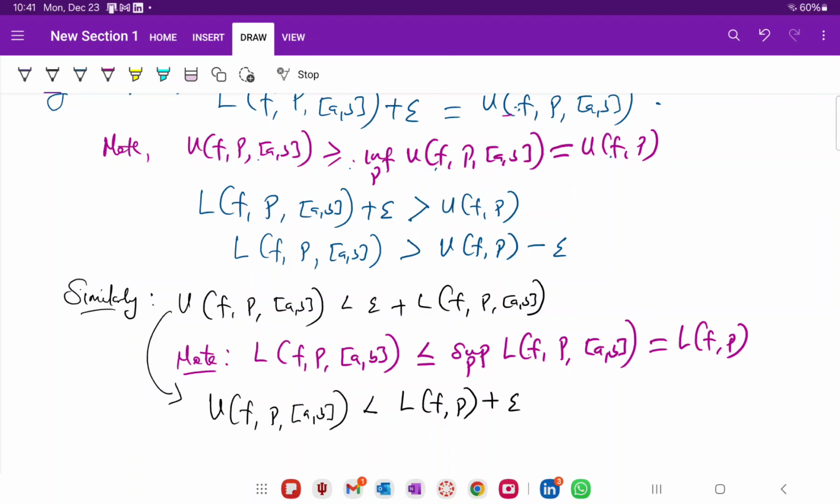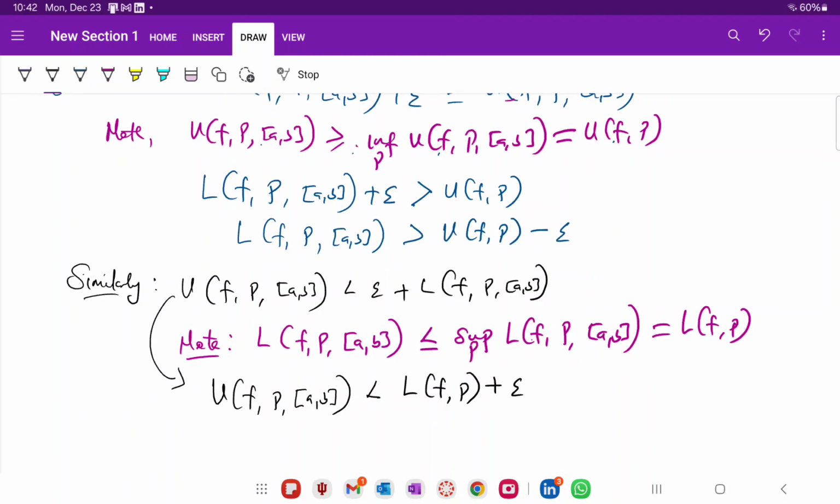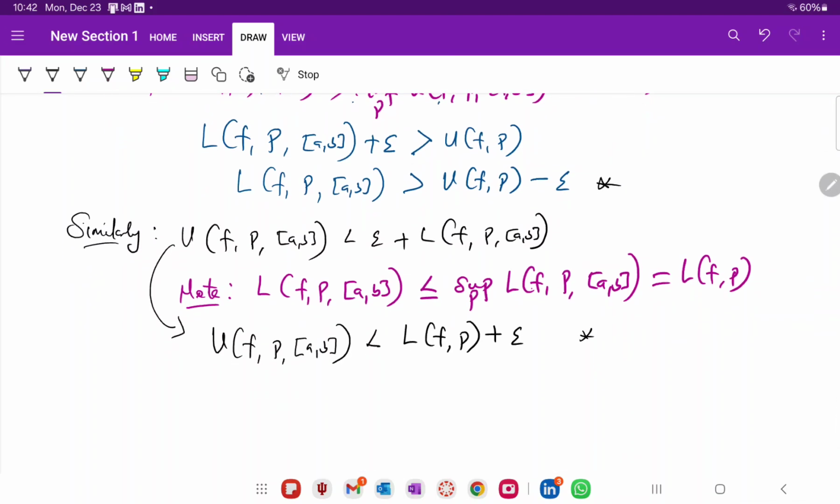Okay, so if we combine these two, let's see what we are going to have. If this holds and then we combine these two, let's flip this so that we can have our inequality on the same row.